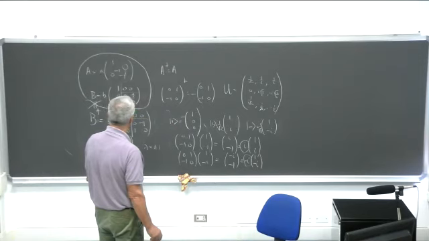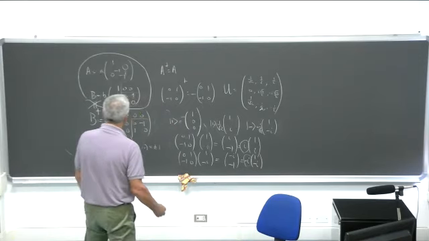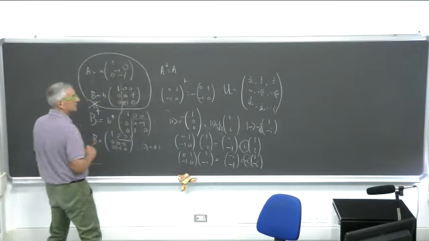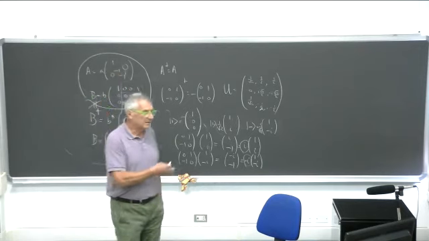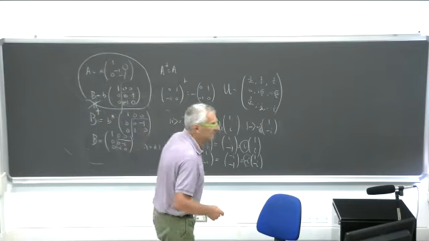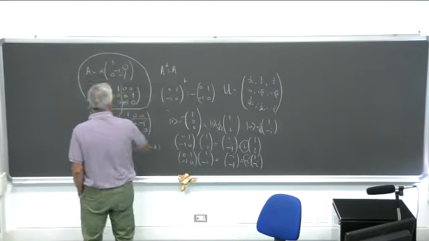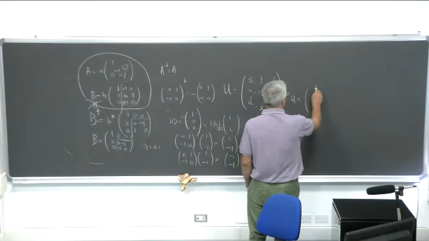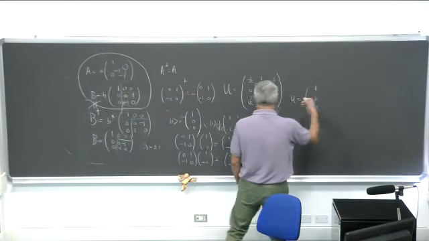So once you diagonalize this block, this doesn't do anything to this, for the reasons that we said the other day, because this is proportional to the identity. So the matrix U is essentially what? 1, 0, 0 for the first.